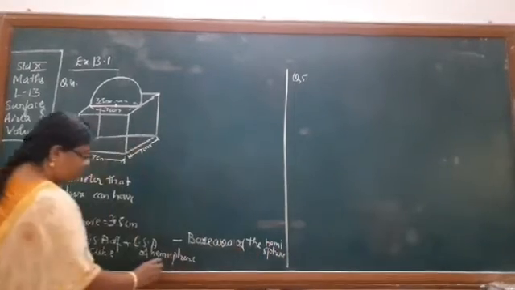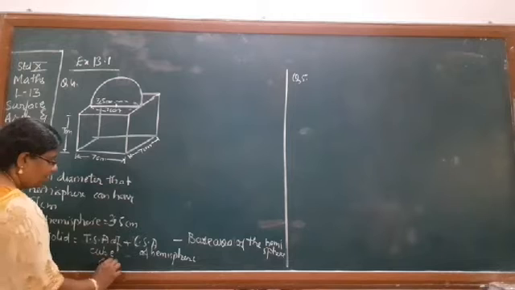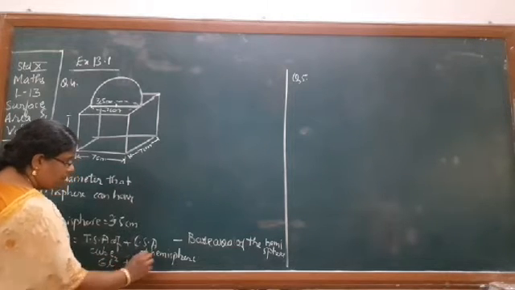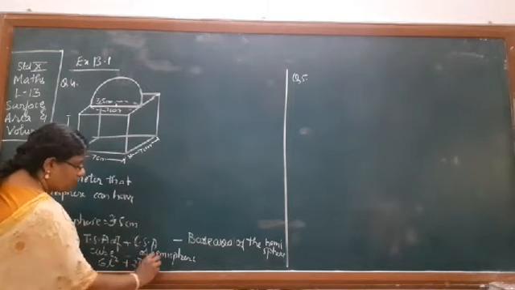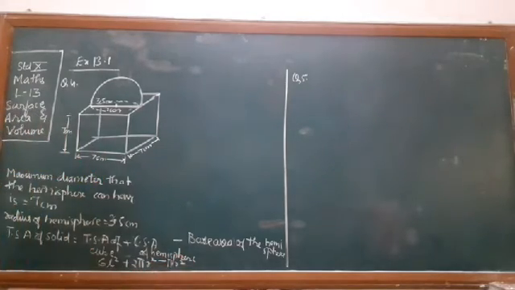Okay, so totally it will come out as TSA, that is 6L square plus 2 pi r square minus pi r square, ऐसा होगा ना.